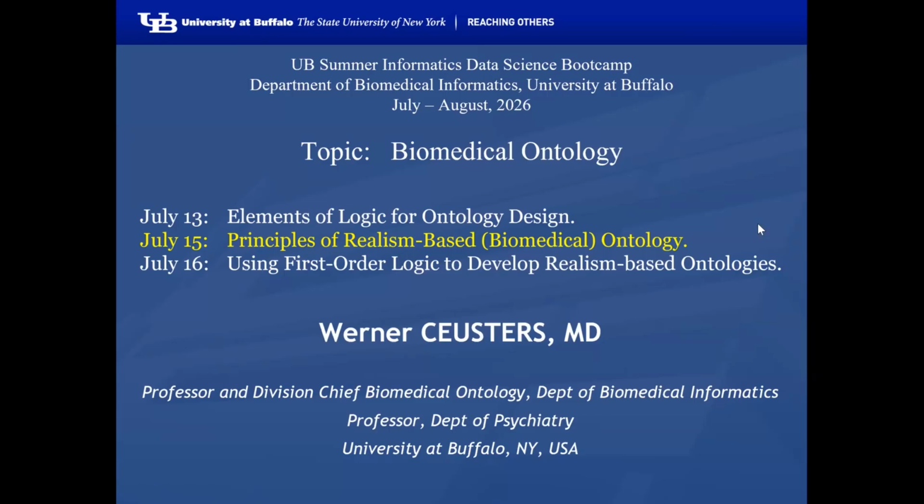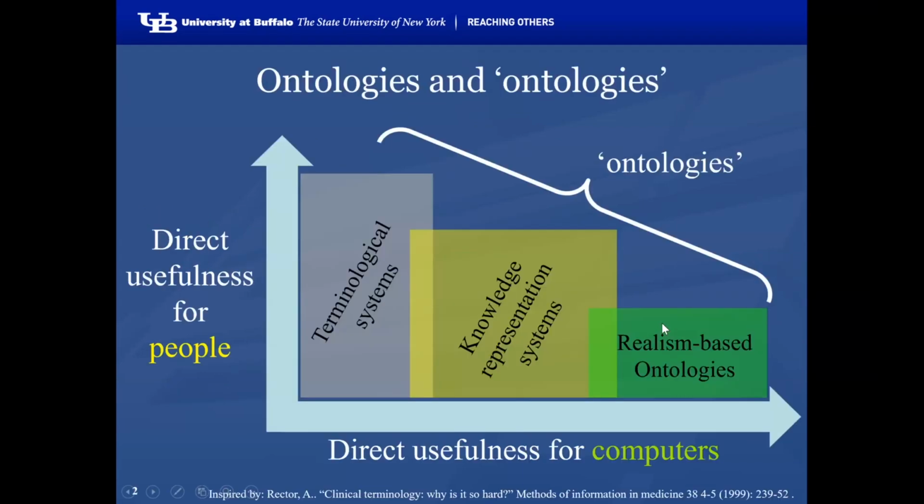All right, so second day of my 3 lectures. Today we're going to talk about the principles of realism-based ontology and focusing a little bit on biomedical ontology. So from Monday, you remember that there are different kinds of representation systems, all of which are called ontologies, and that we can divide them to the extent that they are directly useful for people or directly useful for computers.